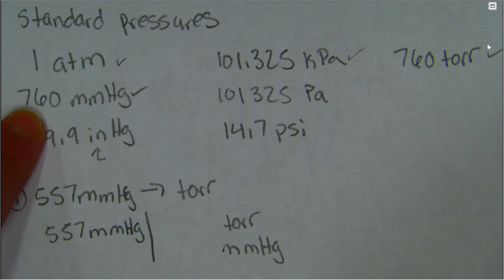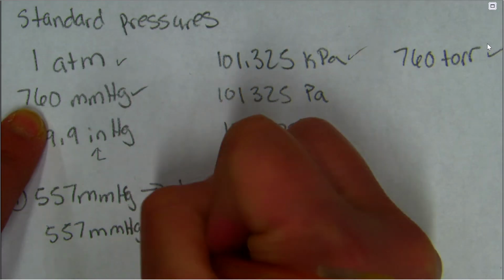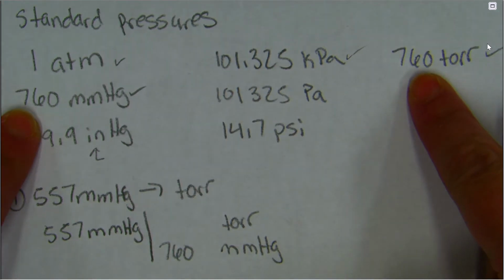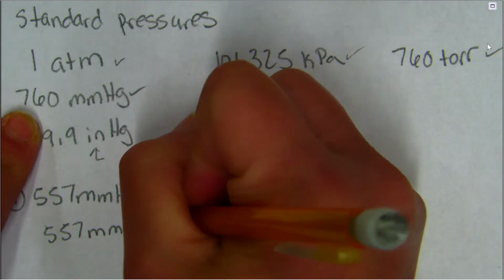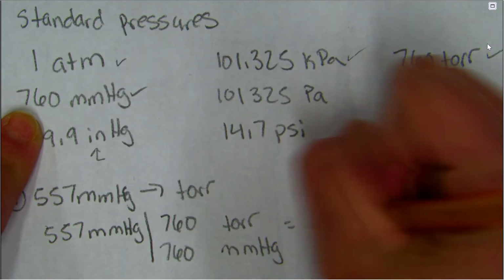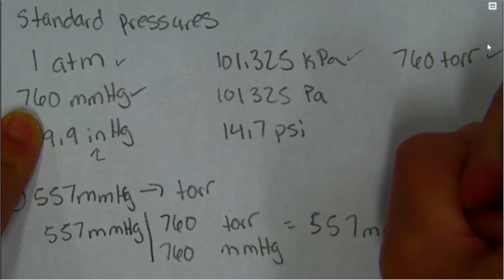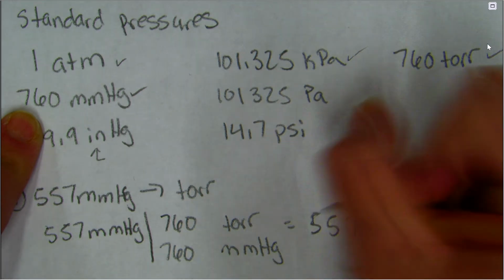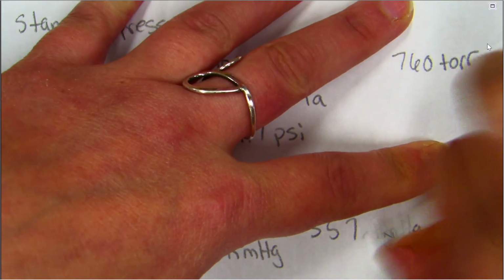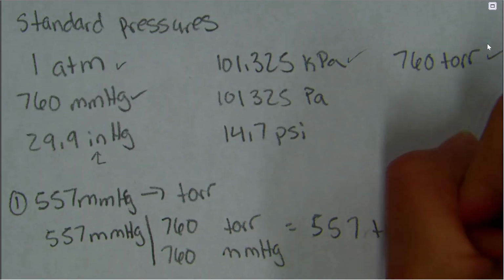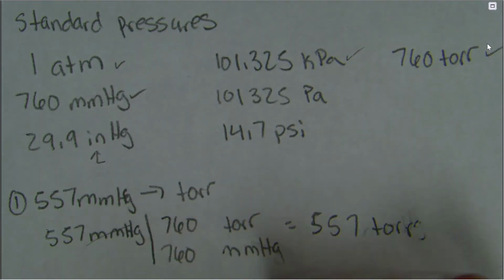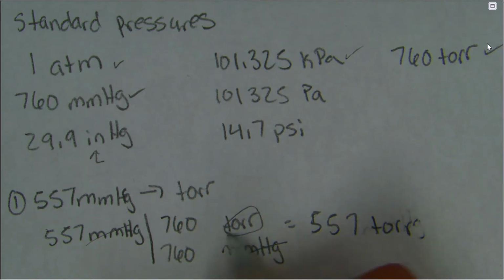And I know that for every 760 millimeters of mercury, it is 760 torr. So that is 557 torr. Okay, because millimeters cancel millimeters, leaving us with torr.